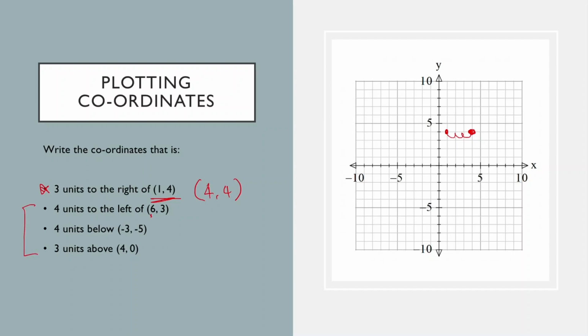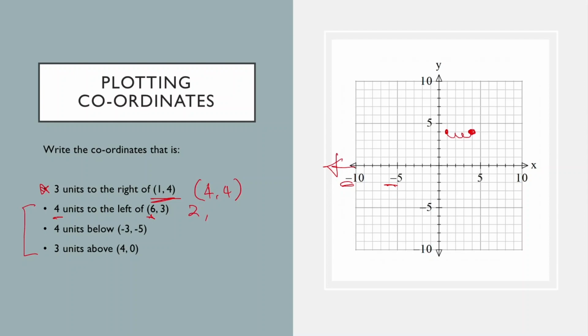So here, 6 is the x-coordinate. It tells you to go left or right. Now, you have to go 4 units to the left of 6. When you're going to the left, you are going into negative. So all I have to do here is start from 6 minus 4 because we're going to the left. So 6 minus 4 is 2.